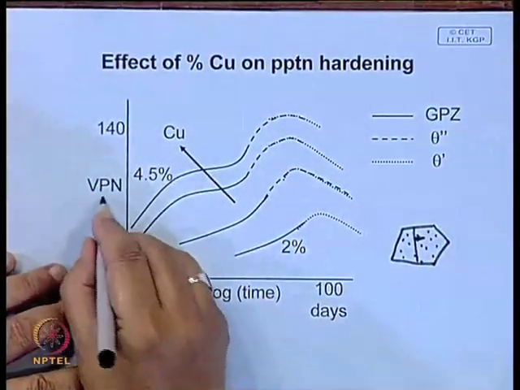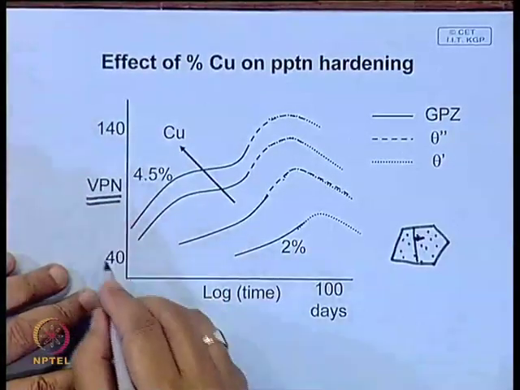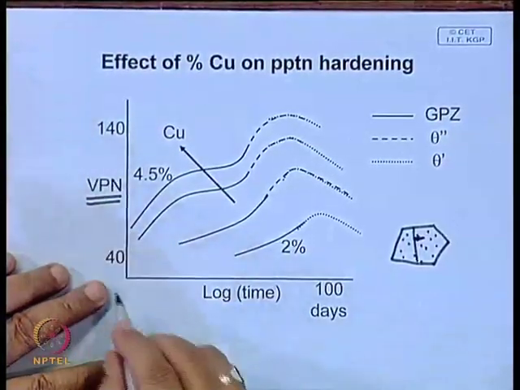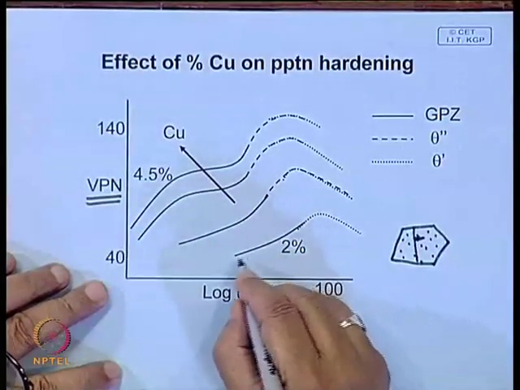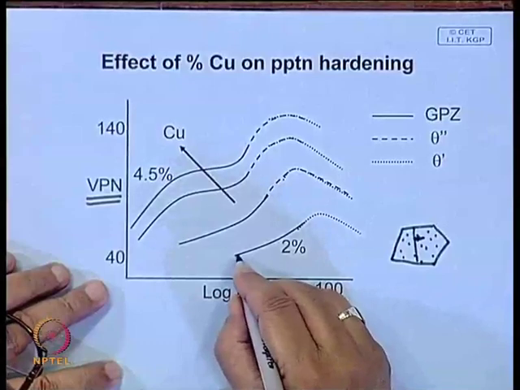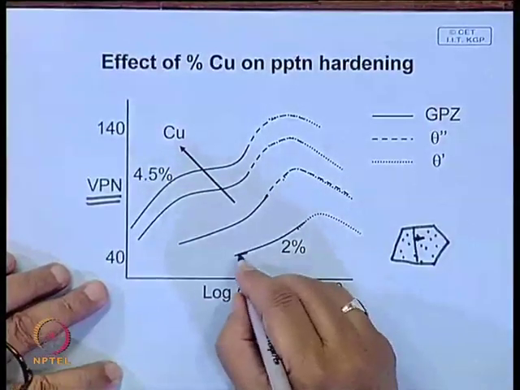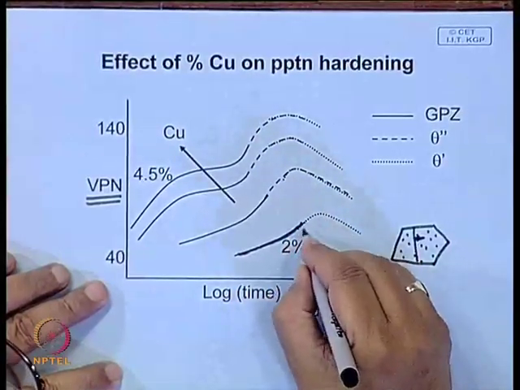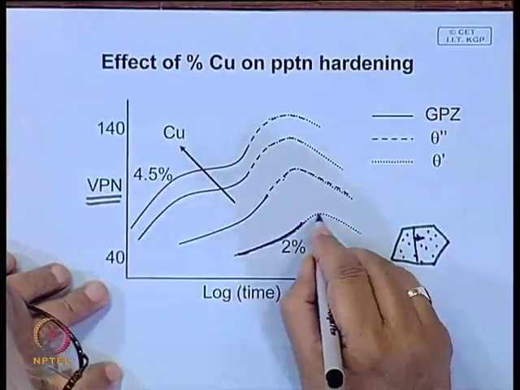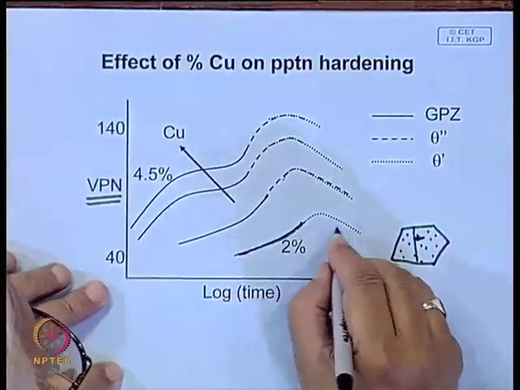And if you measure hardness, usually the hardness is measured in Vickers pyramid number, which is shown over here. So, if that alloy has 2% copper, you possibly find that the alloy composition is such that, if you go back to the previous diagram, you will have GP zone, and after that you will have theta prime.